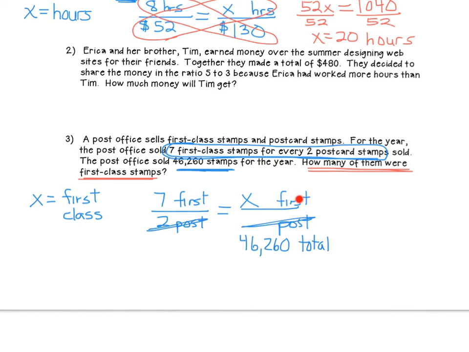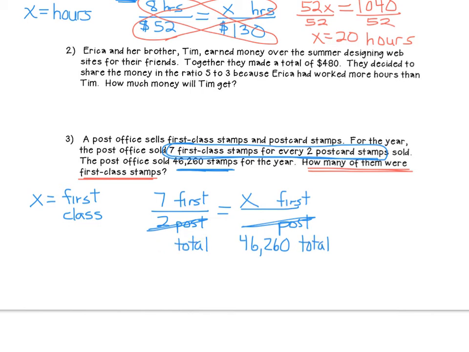First, first, I thought it was going to be post stamps, but this number here is a total. So since this says first, first, and this says total, this has to over here say total. I didn't know that at first, so I had to change it. I started with first, first, post, post, but this post had to change to total because that's what that number represents. And since this changed to total, I had to go back and make this total.